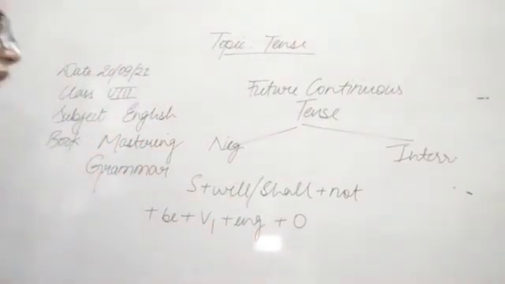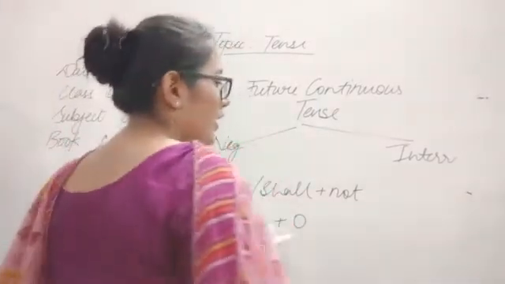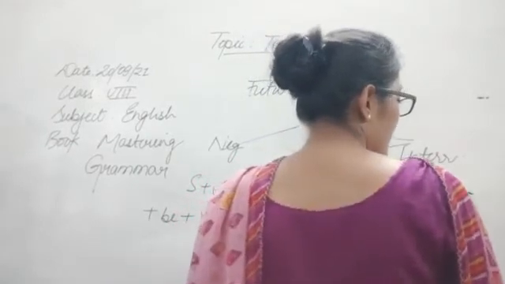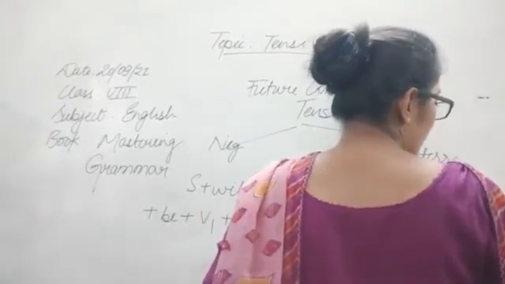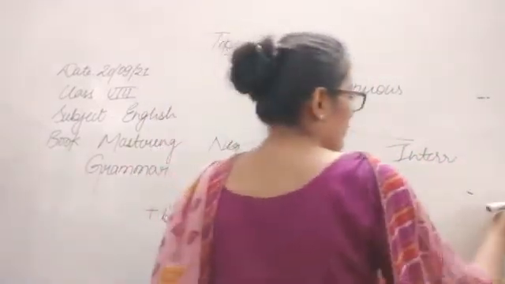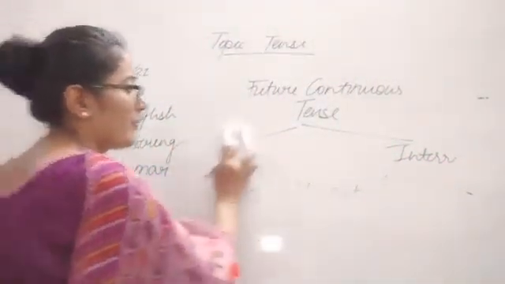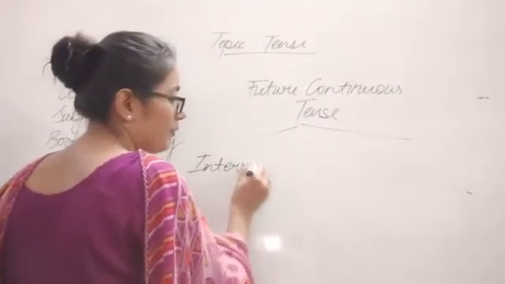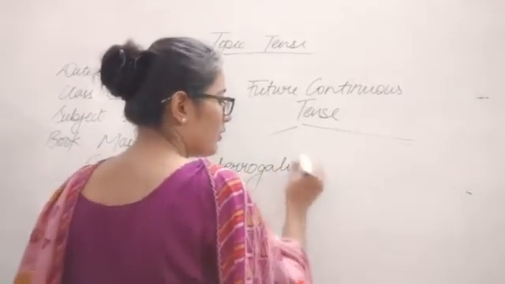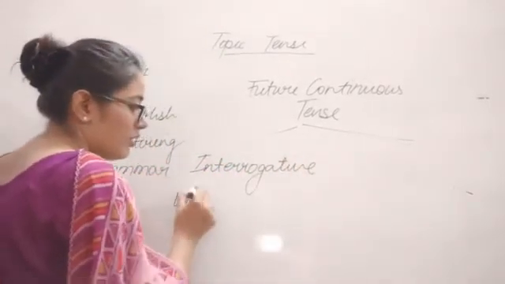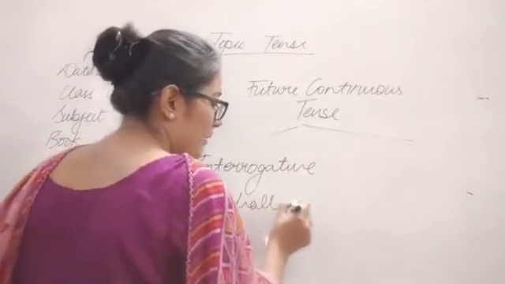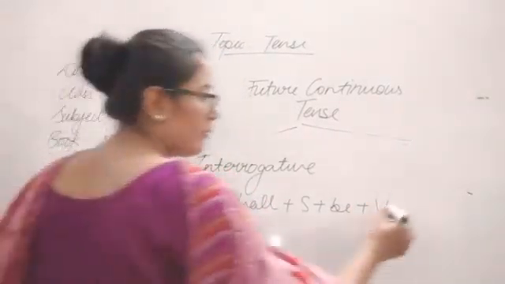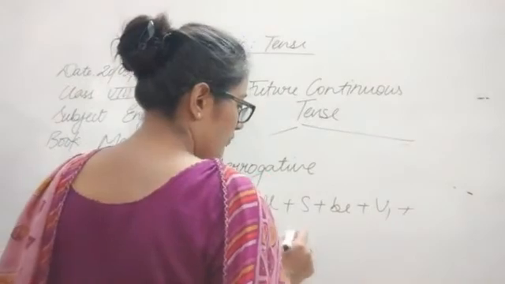And when we are talking about the interrogative, let me write it down. Interrogative: will, shall, plus subject plus be plus verb first form plus ing plus object.